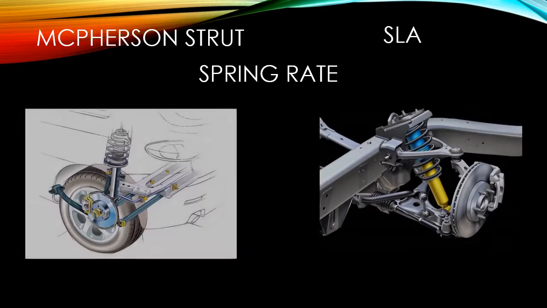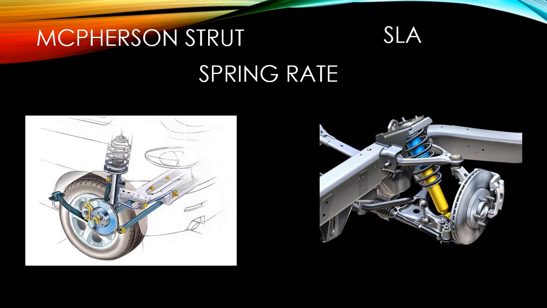Now that you know both configurations, I can compare them by using some suspension terms. The first one is the spring rate. This rate only depends on the spring material and is defined as the amount of weight required to deflect a spring 1 inch. The lower the spring rate, the softer the spring.